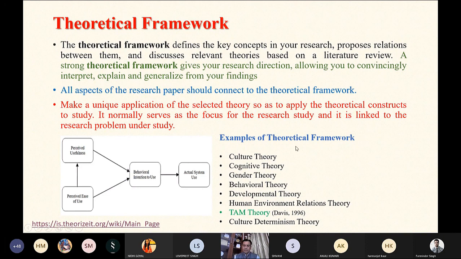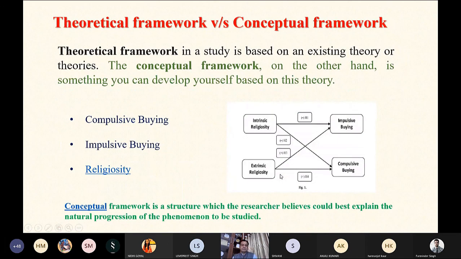A few examples of theoretical background were given in this PPT, such as the TAM, the technology acceptance model, that was developed by Davis.